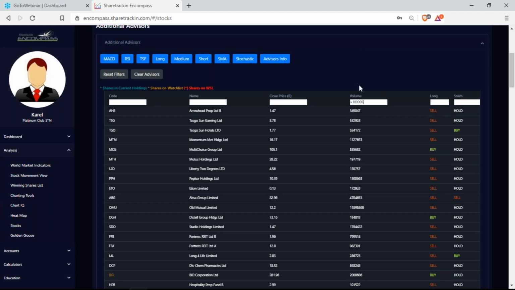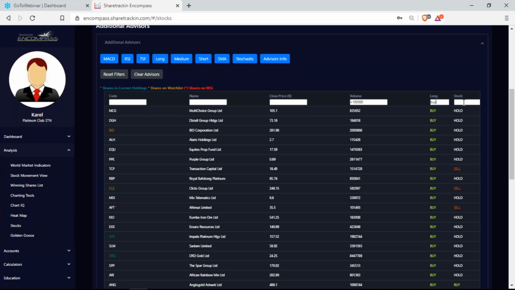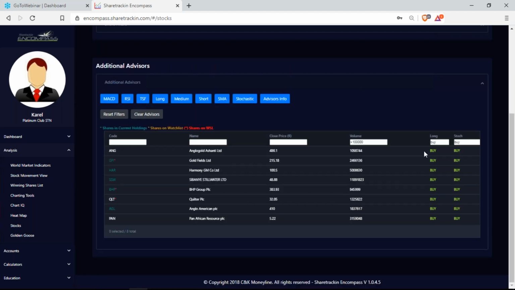For the simple reason, I don't want a share that doesn't have enough movement every day. In other words, you don't want the share that's just been climbing 3 or 4 cents a day. Underneath my long, I would type in buy, and I would do exactly the same underneath my stochastic.